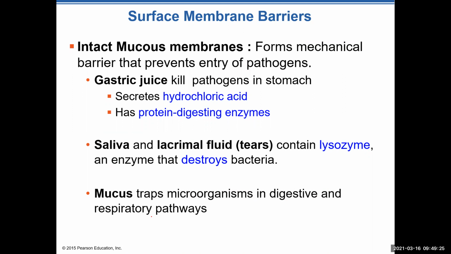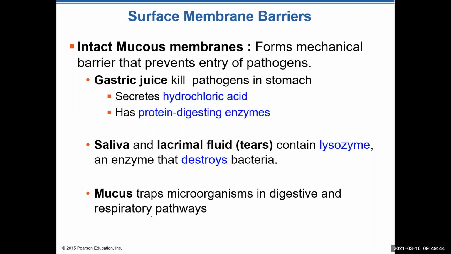I still have my first line of defense, that is the hydrochloric acid produced by my stomach, which will try to kill the microorganisms. Or the protein digesting enzymes in my stomach will also try to kill the microorganisms.